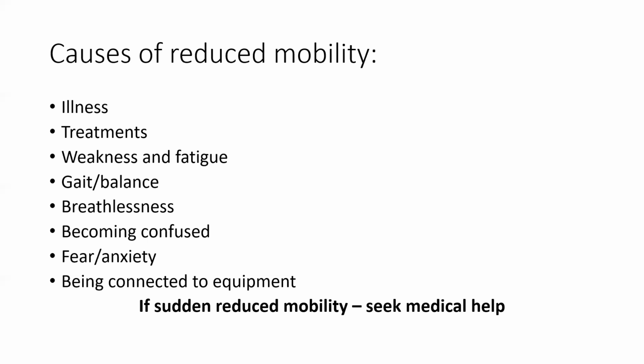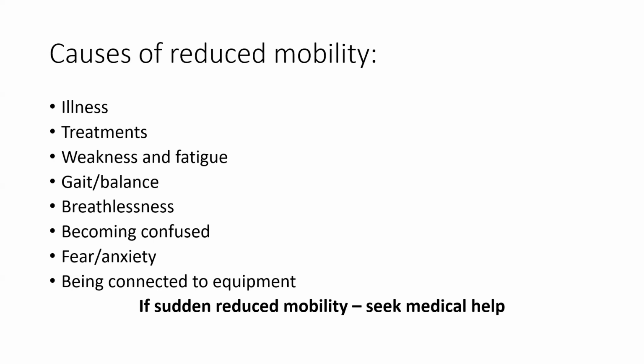People that become confused quite easily, so those with dementia, for example, may have cognition difficulties, so that can affect their ability to mobilise well. People might be fearful or anxious about falling over, so that can reduce their mobility because they feel nervous about moving around or attempting to mobilise. And then being connected to equipment can affect people's ability to mobilise well.